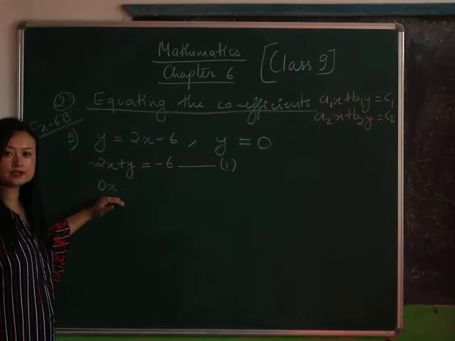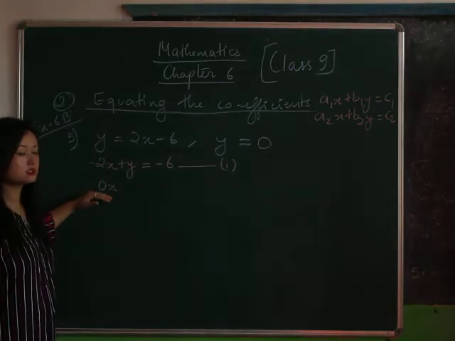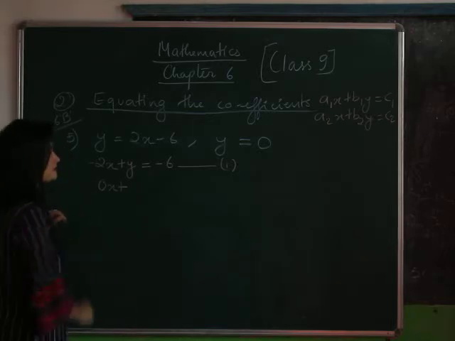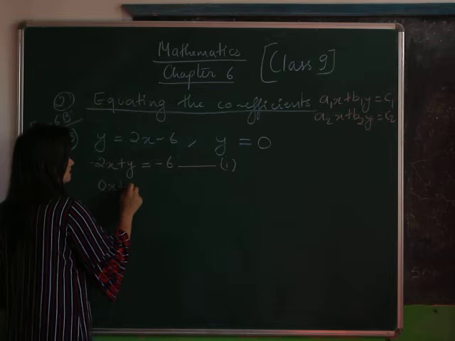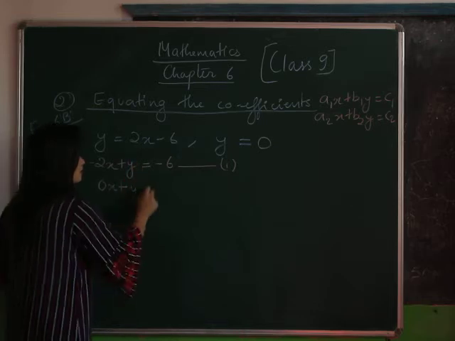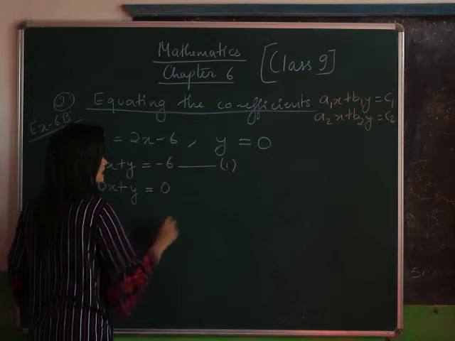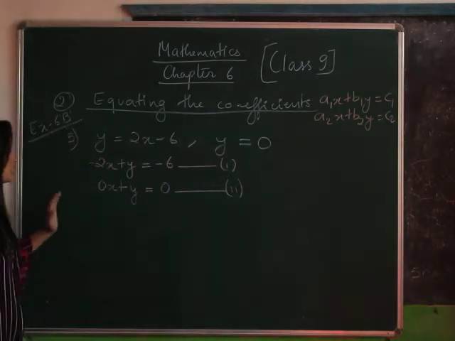Why do I write 0x? Because when you multiply any number with 0, the result is 0. So 0 into x is 0, plus b2y. Now y you have, so y equals to, and the constant here is 0. This is your equation 2.